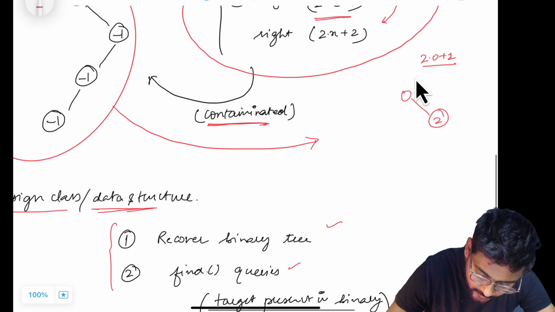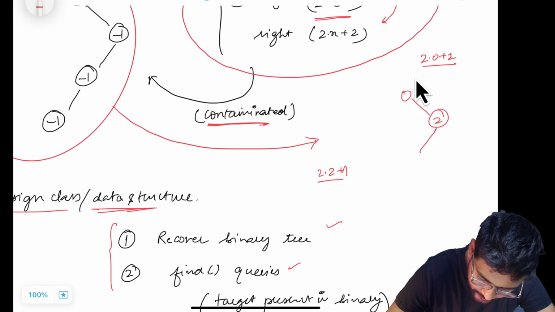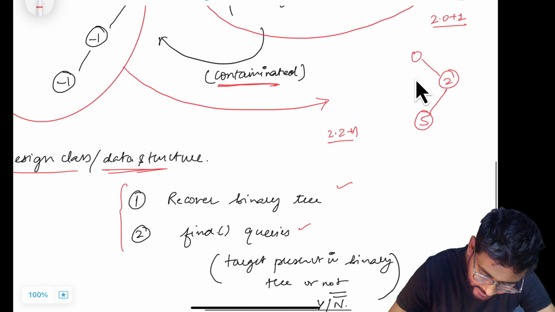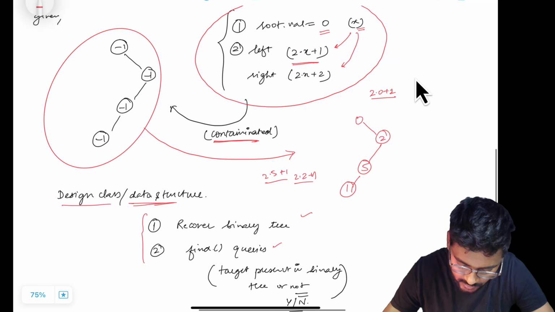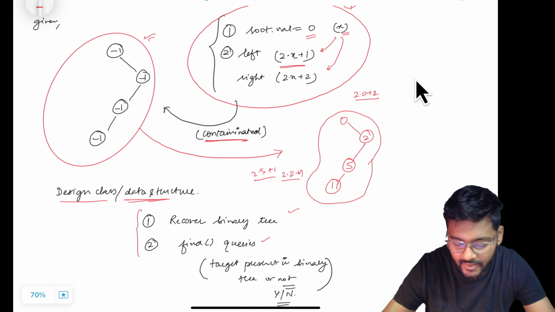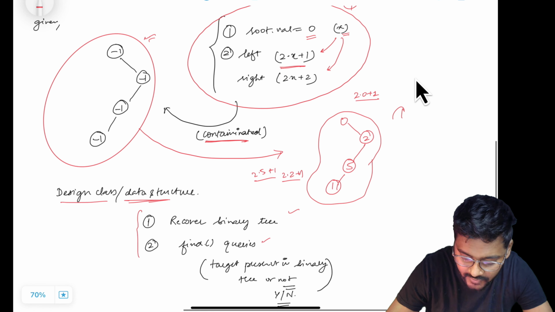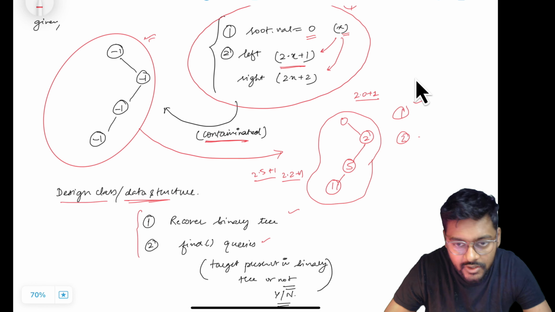The left child of 2 is 2 * 2 + 1, which is 5. And the left child of 5 is 2 * 5 + 1, which is 11. So the contaminated tree will be converted to this tree, and the first step is done. We have recovered the binary tree, and the second step is the find queries.